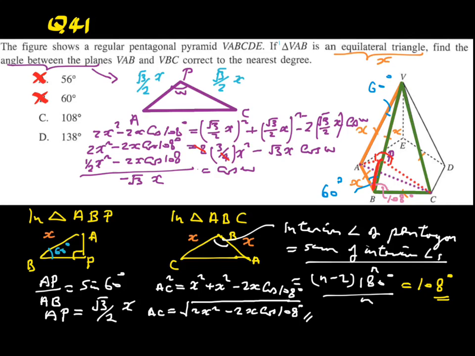And actually it cannot be 108, because if I move this along the line of BV, any moving point along here, the angle that I create will only be 108 if it's at the point B. So in this case, we can rule out the possibility of C, and the only answer left now is D. So the answer here is D.